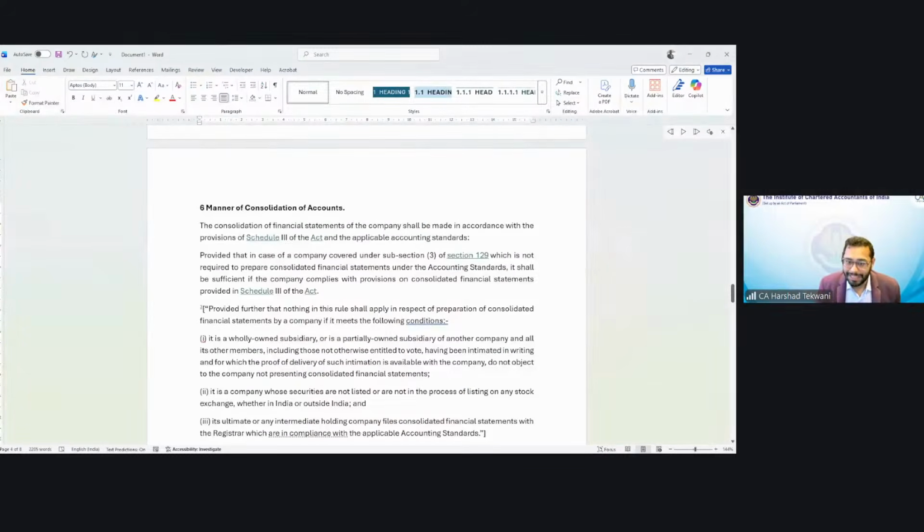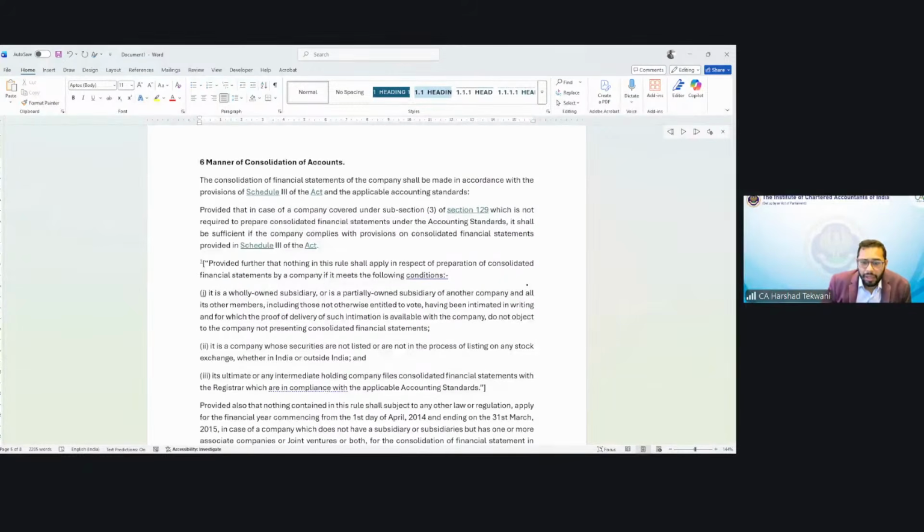Now, what it says basically is that there are certain conditions. If those are satisfied, then the preparation of the consolidated financial statement will not be required.